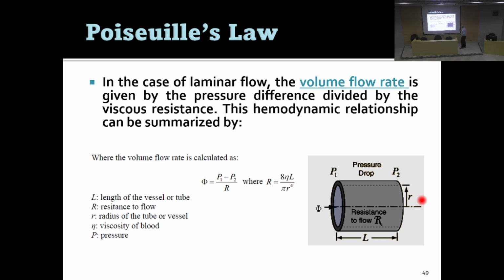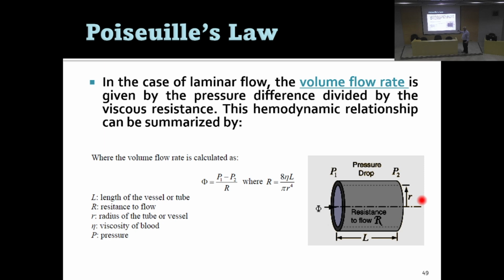Another thing is radius also. He finds that for the tube, the radius is inversely proportional to the R to the power 4. R to the power 4. If you look at all those things, they're linearly proportional, but this is the important factor, which is R. And R is to the power 4. If you're increasing R twice, it becomes what?